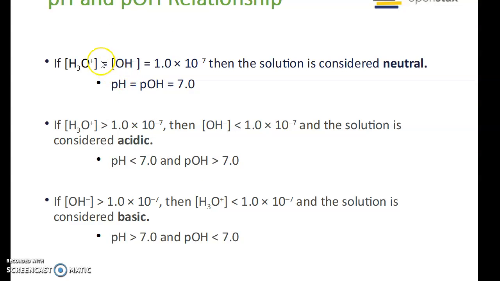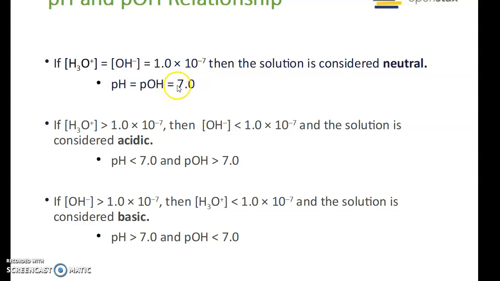So, if these are both the same, then this concentration is 1 times 10 to the minus 7th, right? Then the solution is considered neutral. pH equals pOH equals 7.0. Why I said it's the minus the log is because the log of this right here is going to be minus 7, isn't it? This is going to be minus 7 as a log.